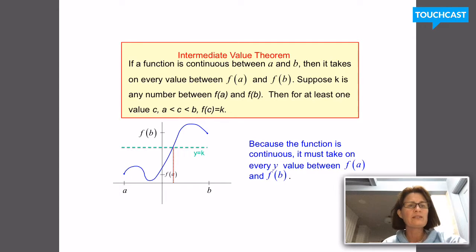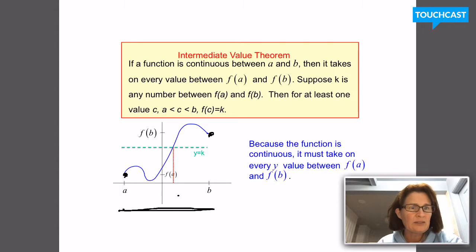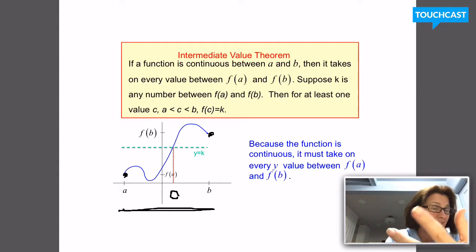If I know 2 ordered pairs, let's call that A, comma, f of A, and B, comma, f of B, and there's some y value in between the 2 y values I know that I'm interested in, then somewhere in between the 2 x's I have, there must be an x. In this notation, we call it C, just to give it a name. There's a C value, and at that place, there's at least one place where it happens, and the output value, the y value there, is k.